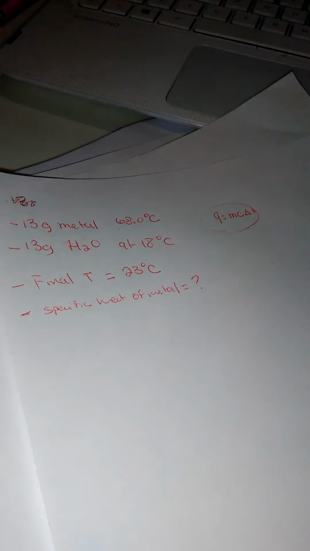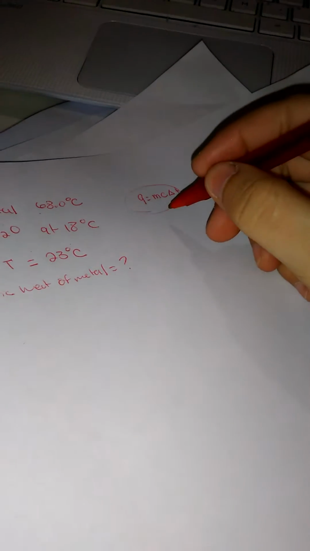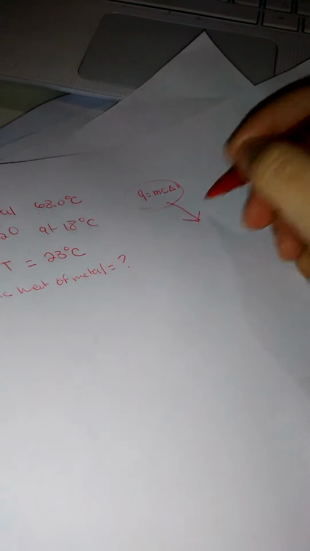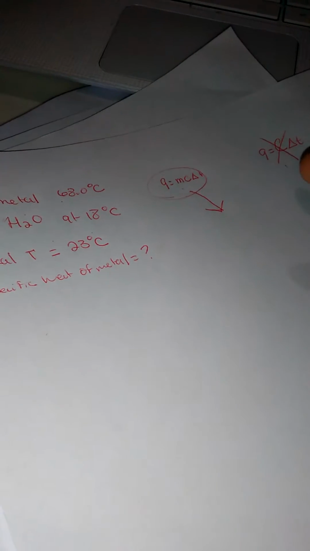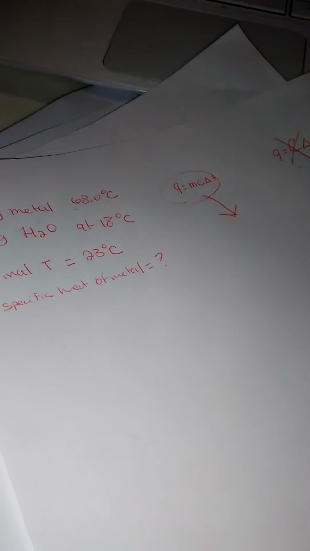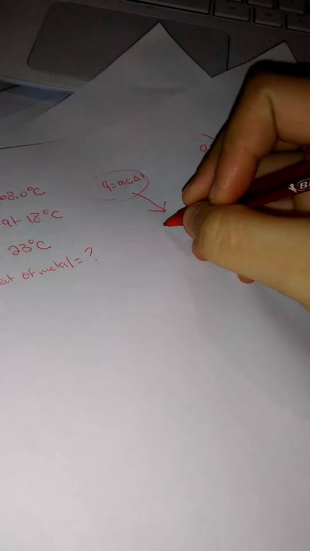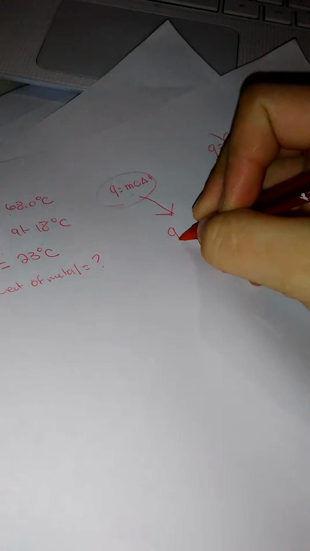This one is mostly for a whole reaction. This is more for a specific substance that they want you to look for. So this has a trick. You cannot use this one because you have two substances in the same place, let's say. So we're gonna use this equation.